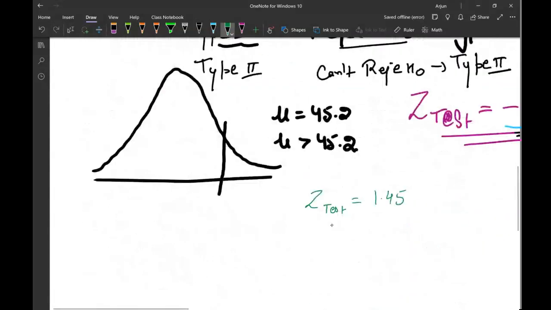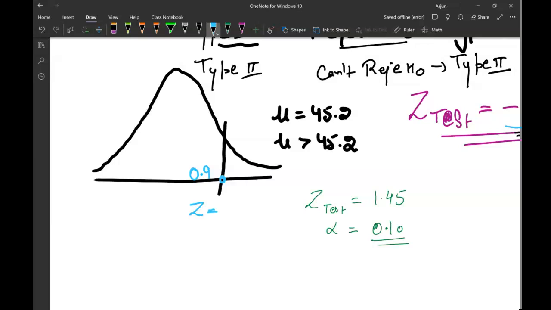What we need is the alpha value, 0.10. If alpha is this and it is a right tail, then here the value will be 0.9 for the probability, and corresponding to this I will try and find the z value.